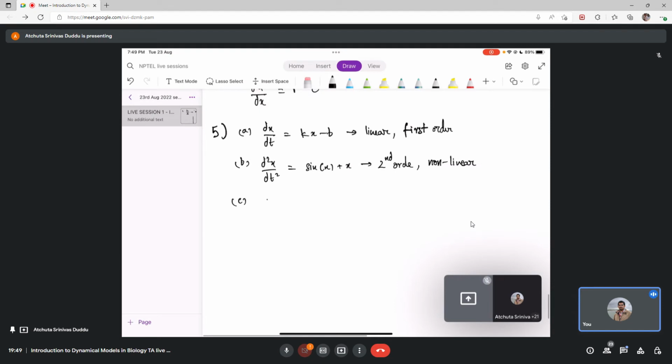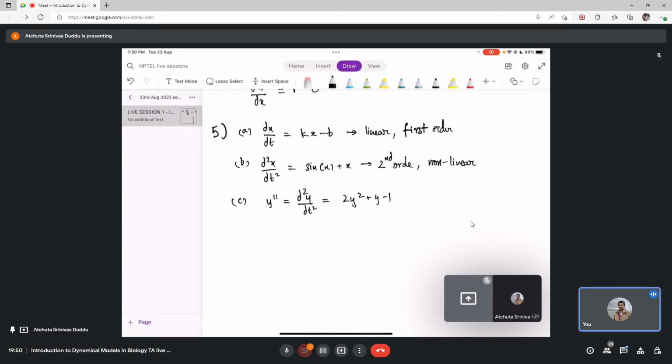C, we have y double dash, which is double prime, which is again a form of writing the differential. So this is the same as d square y by dt square, or whichever other variable you're using, which would be equal to 2y square plus y minus 1. I'm assuming that y is a function of t, that's why I've written dt square in the bottom.